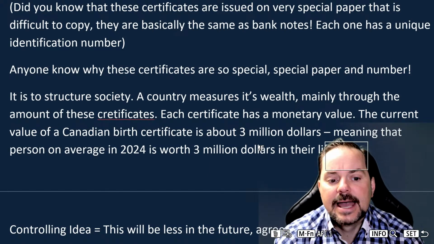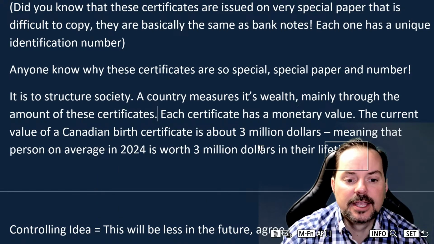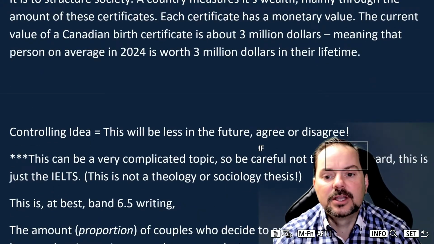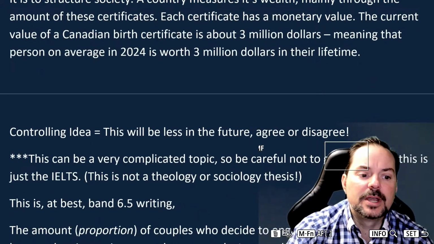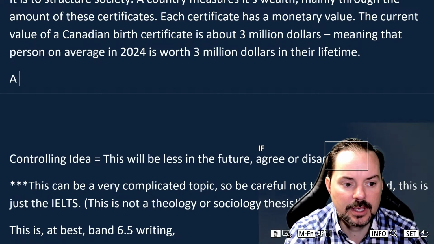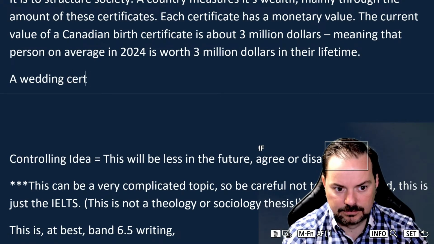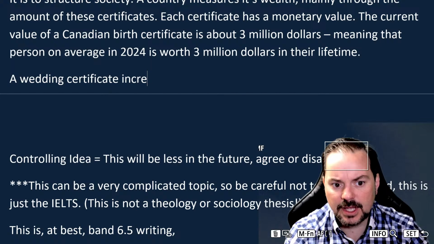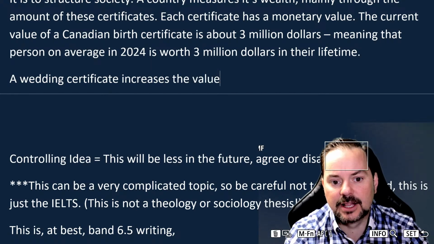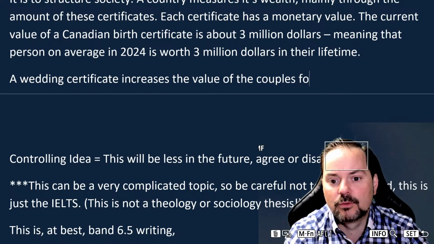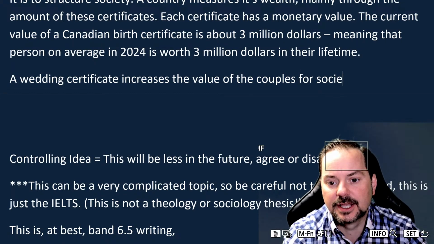Okay? Now, you can check these numbers and get more precise numbers, but basically all of these certificates, same with the wedding certificate. A wedding certificate increases the value of the couple for society.